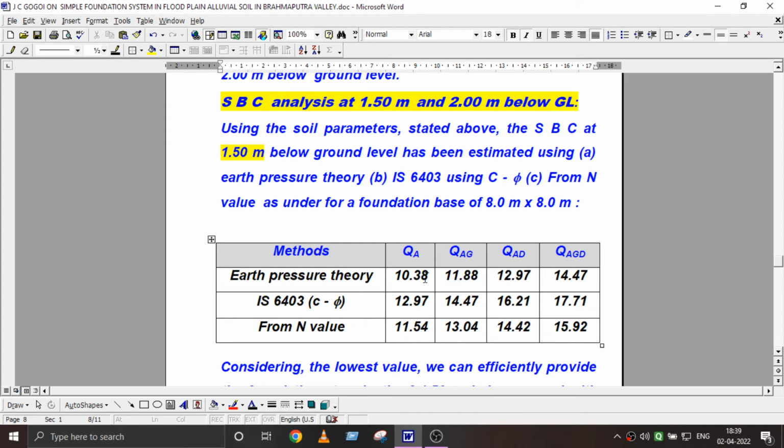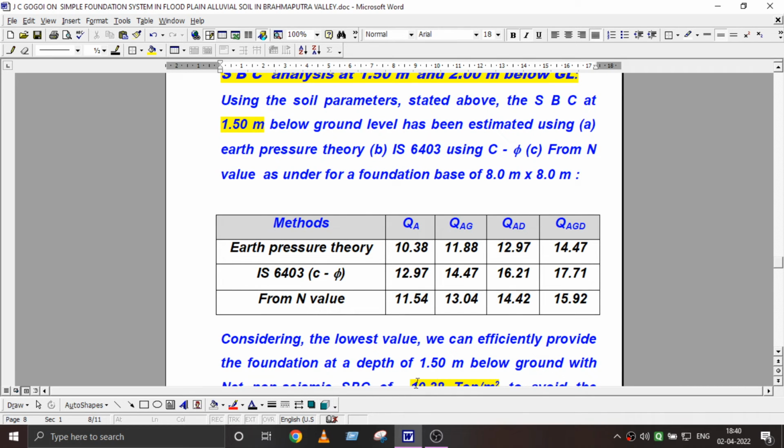In seismic condition, there is net SBC, non-seismic net SBC, and seismic condition net SBC. QAZ is gross SBC. That means 10.38 plus 1.5, the surcharge of 1 ton per cubic meter. So net, gross, seismic net and gross are this much.